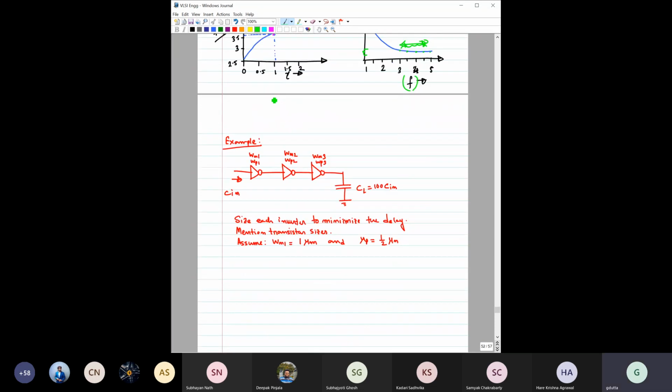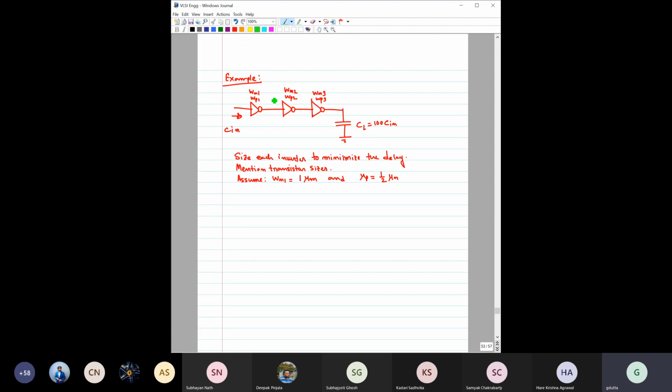Okay, then let us try to do one example. Here we are not choosing the total number of n, because it is already given that the total number of inverters is n equal to 3. It is C in, and CL is given as 100 times C in, right?